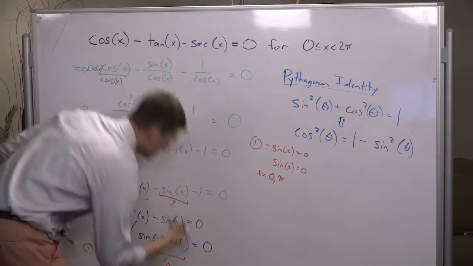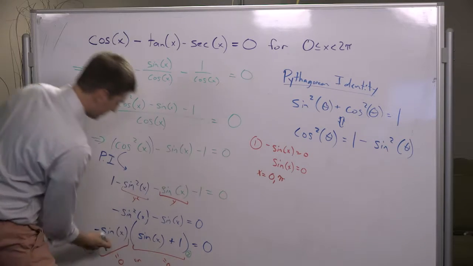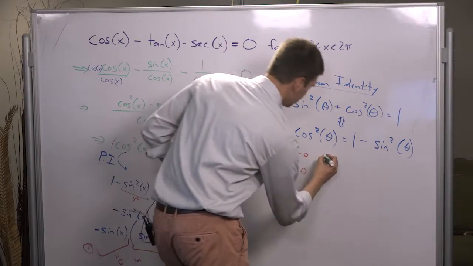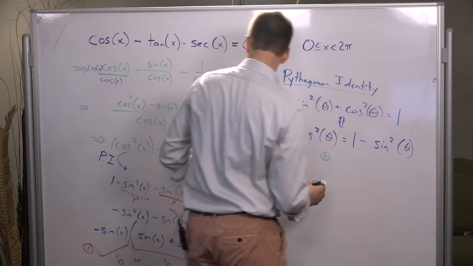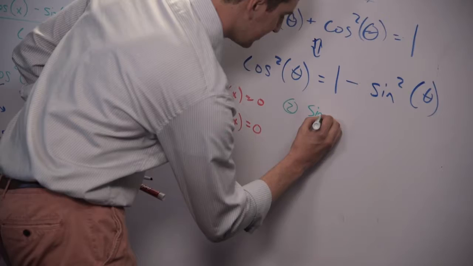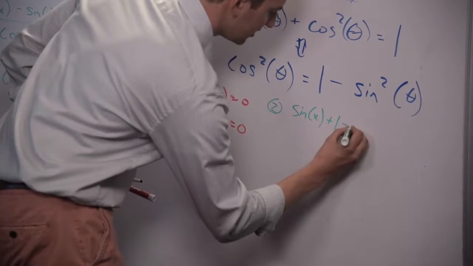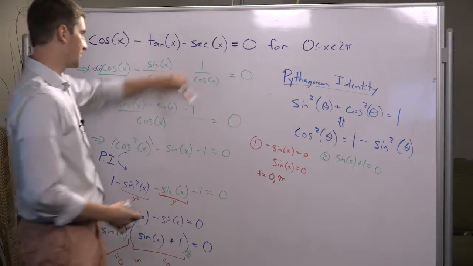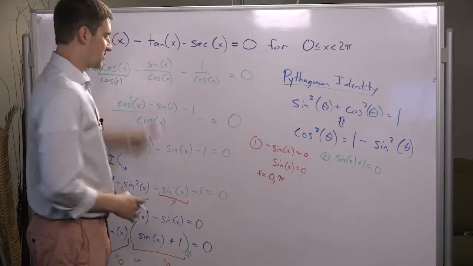Now let's also look at case 2, the second part. Either this left term was equal to 0 or the right term was equal to 0. So what was the right term? Well, it was just sine of x plus 1 equals 0. So this is the other option for how this whole thing can be satisfied.